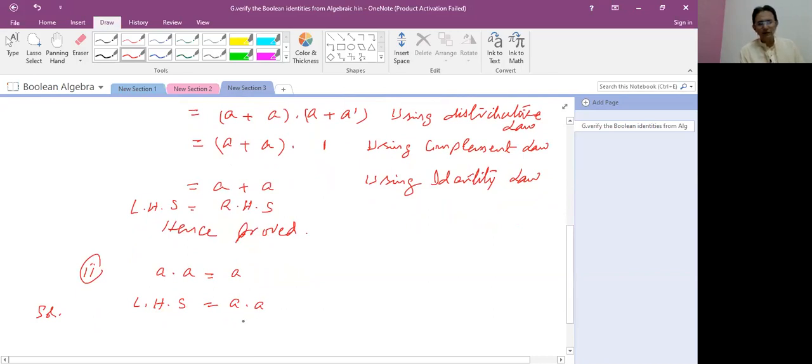Student, if we add 0, it means no effect in the answer.